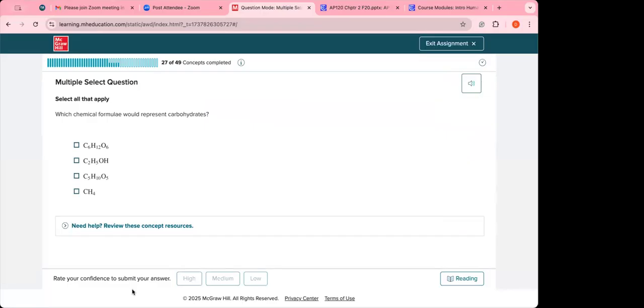So the first one is glucose. So that would be a carb, C6H12O6. That's a carb. How about the other ones?